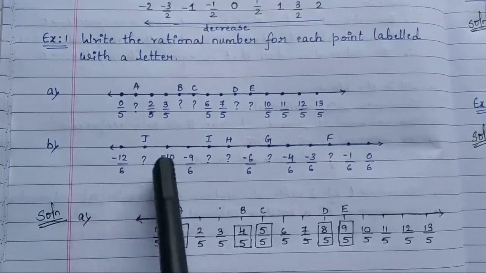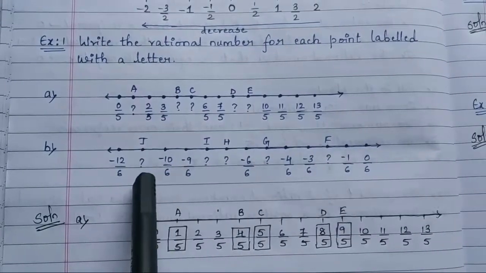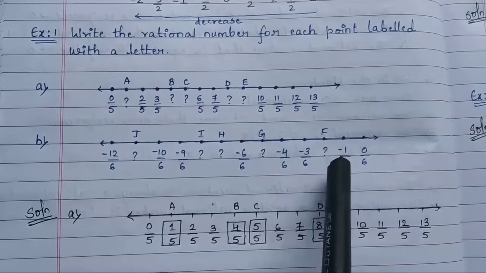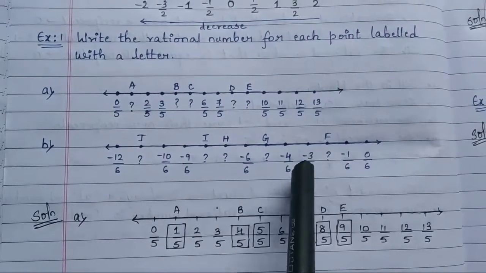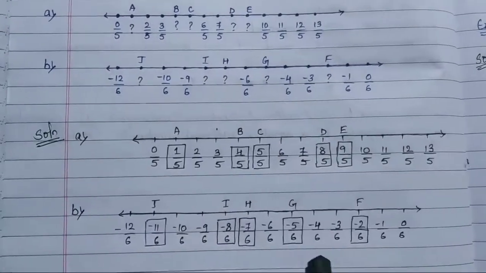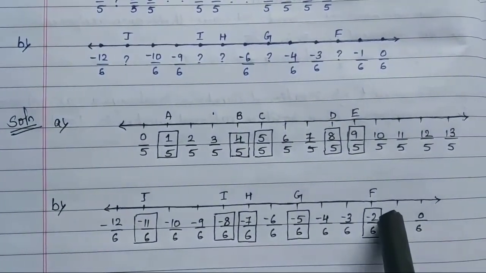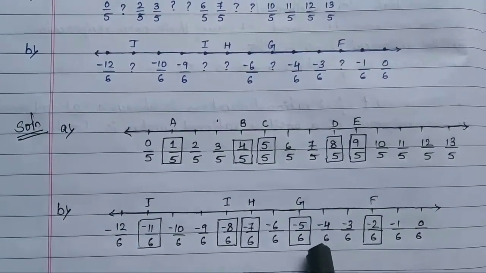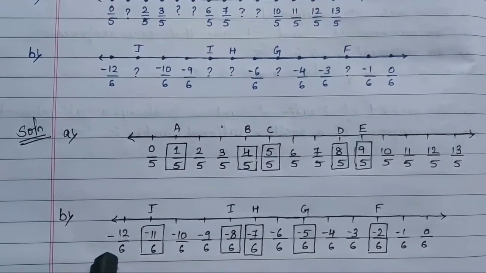Similarly, here they have given negative numbers. So we can write negative numbers, that is minus 1 by 6. The next number will be minus 2 by 6, minus 3 by 6. See the answer here: 0 by 6, minus 1 by 6, minus 2 by 6, minus 3 by 6, minus 4 by 6, minus 5 by 6 and the numbers will continue.